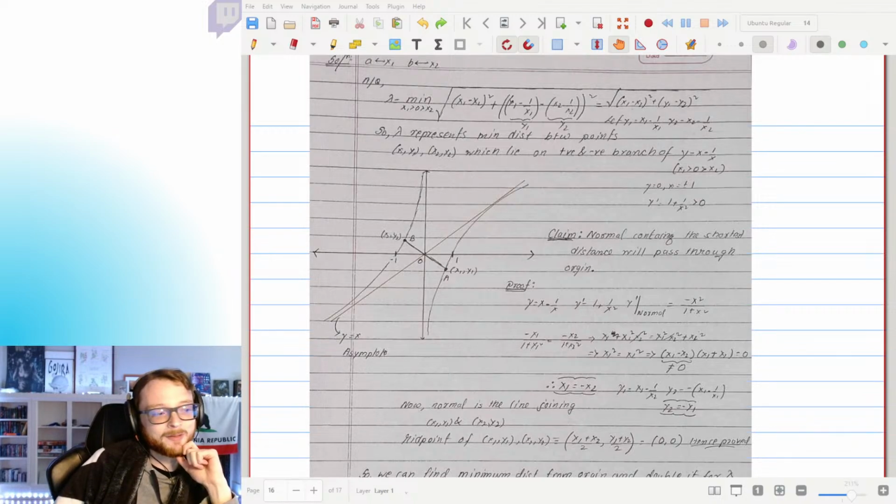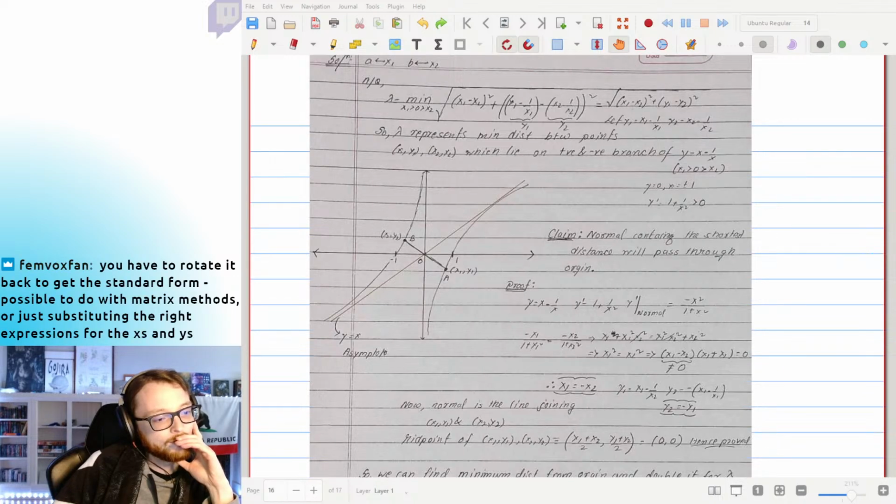I assume it's not hard to get the vertices of a hyperbola. It's a rectangular hyperbola when you plug it into Desmos. I don't know what a rectangular hyperbola is, to be honest. Is getting the standard form possible with matrix methods or just substituting the right expressions for the x's and y's? Okay.